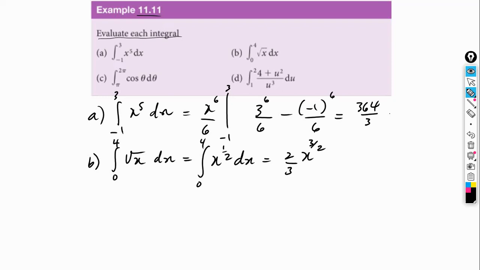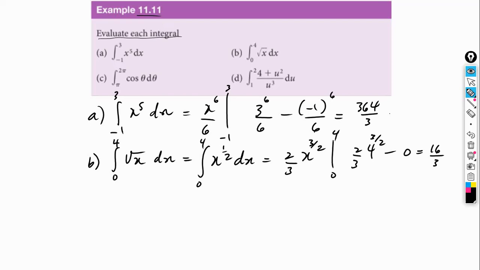But this one's definite, so we have to go from 0 to 4. In other words, plug in 4 and then subtract after we plug in 0. So this is going to be the same as saying 2/3 times 4 to the power of 3/2 minus 0, and this is going to be equal to 16/3.